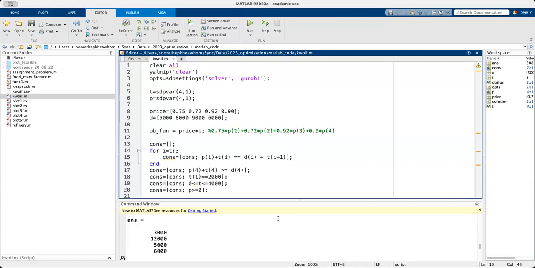And if you call the value of this t_i, so t1, t2, t3, and t4. And the last line, this is the objective function, our cost.